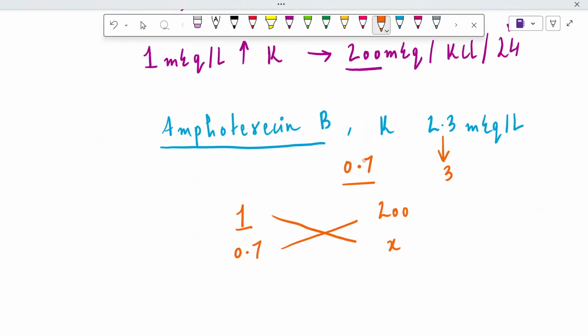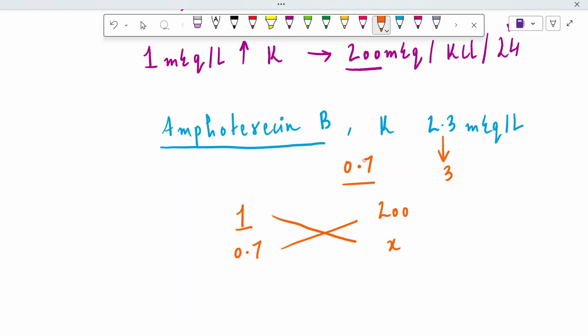The answer is 140 milliequivalents of potassium chloride over 24 hours should be given in order to rise from 2.3 to 3, and after that we can disconnect the IV infusion and give the patient Pot Chlor or oral potassium chloride.